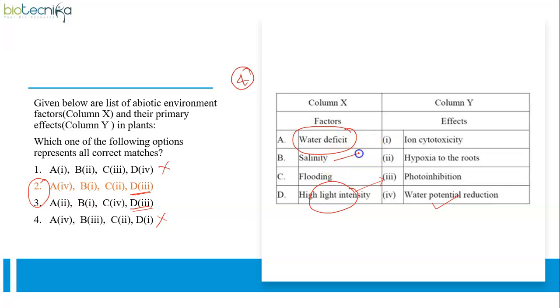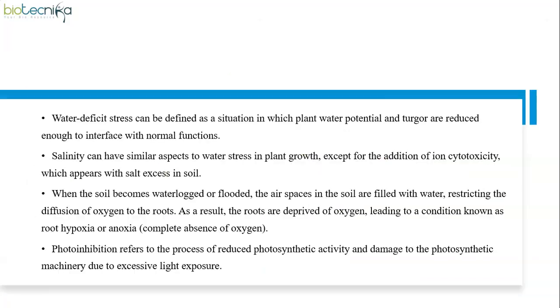Salinity is related to ion cytotoxicity. Flooding is that condition where there will be a hypoxia situation for the roots, right? So that becomes the correct combination here. Water deficit stress can be defined as a situation in which plant water potential and turgor potential will be reduced enough to interfere with normal functions.